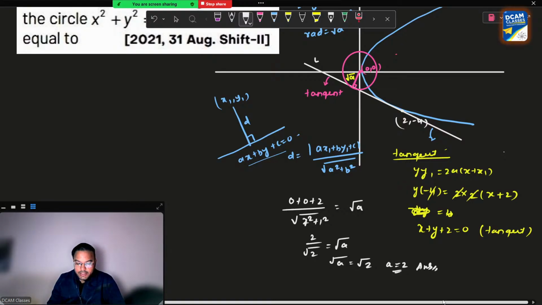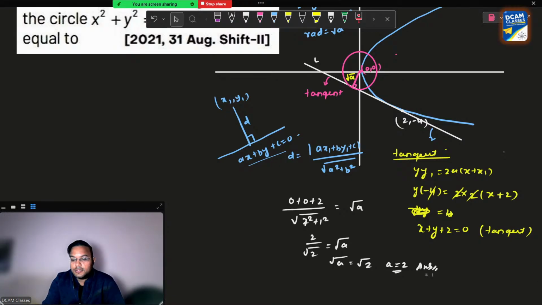This kind of question I think I have given. You may try to solve this one, because you will find this a little bit easier.